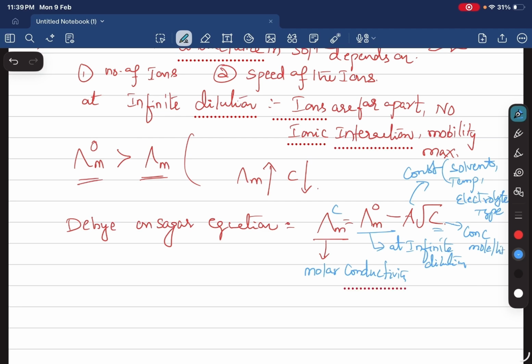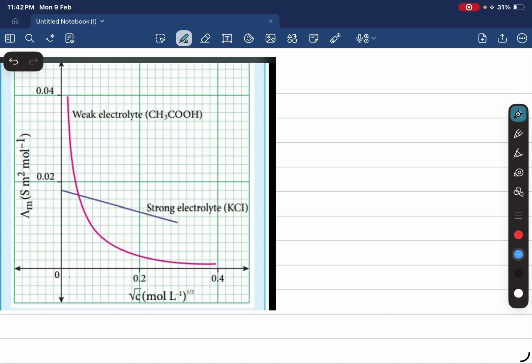So here is the graph, root C versus lambda, where we can write the intercept as lambda naught. On dilution, the weak electrolyte is not touching the y-axis in any case.